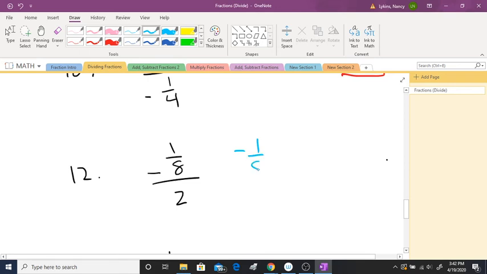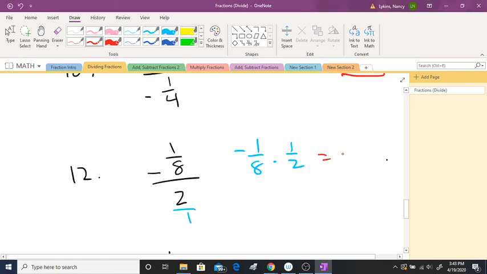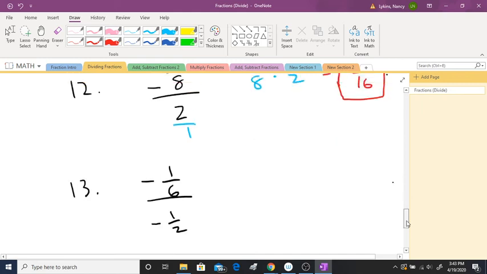Okay, negative 1/8 divided by 2. Treat that as 2 over 1, so I'm going to flip the fraction. And then all I'm going to do is say it's negative 1 times 1, and 2 times 8 is 16. So this is my answer, negative 1 over 16. Feel free, like I said, at any point of this video to stop it. Go back as many times as you need.